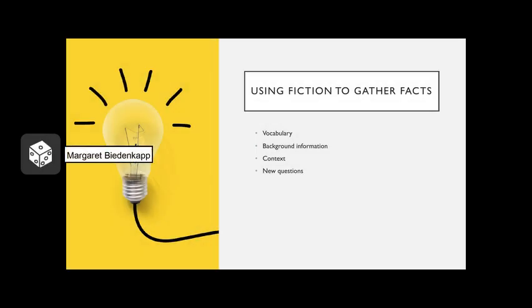All right, everyone, excellent work. So now that we've kind of laid out what we already know about the medieval time period, I want to explain why we're going to use fiction books to gather facts before we're going to read a nonfiction text about the medieval time period. When we read fiction texts, we can be exposed to new vocabulary, so new words that we haven't encountered before. We can be exposed to background information about the time period.